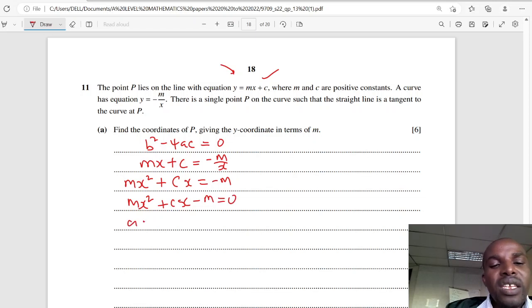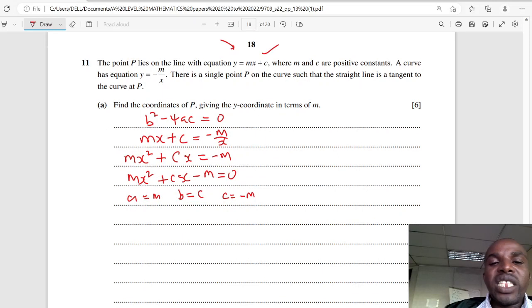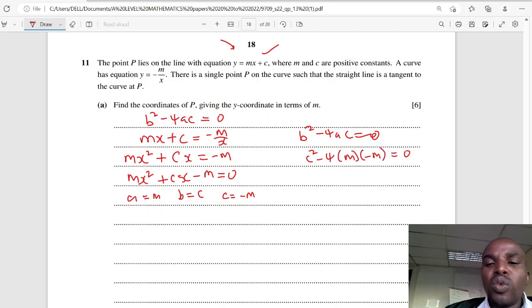Then your a is equal to m, your b is equal to c, and your c is equal to m, based on our equation. So b squared minus 4ac is equal to 0: c squared minus 4 times m times m is equal to 0.